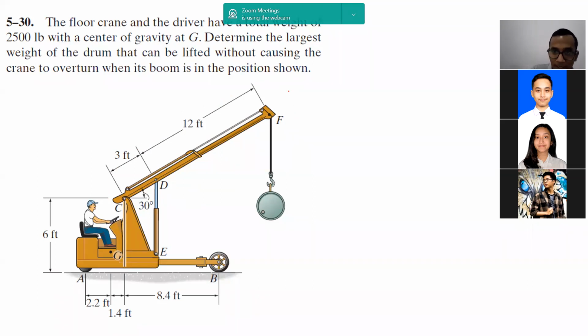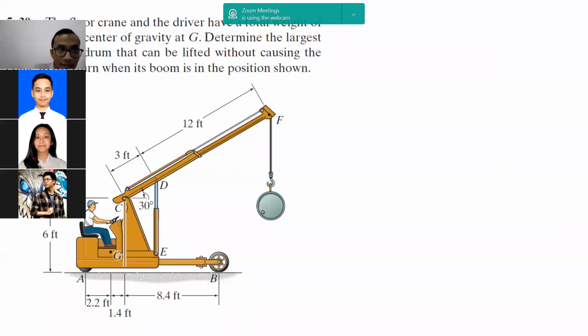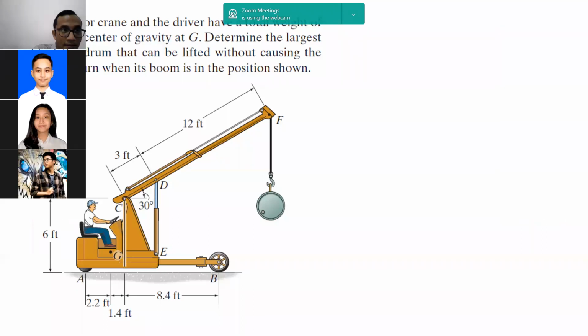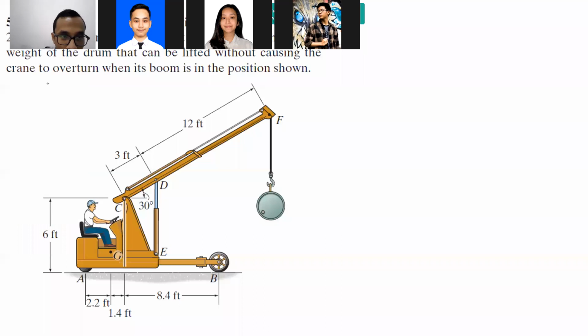Yes, sir. Okay, now let's draw it together. So we will have B here. Going there, and we have A here.